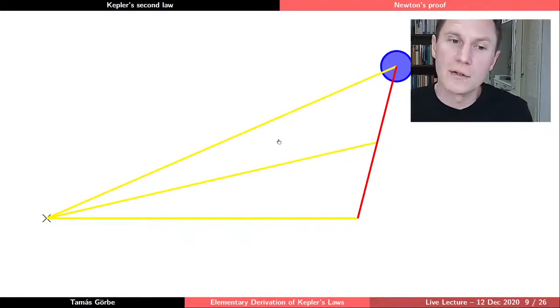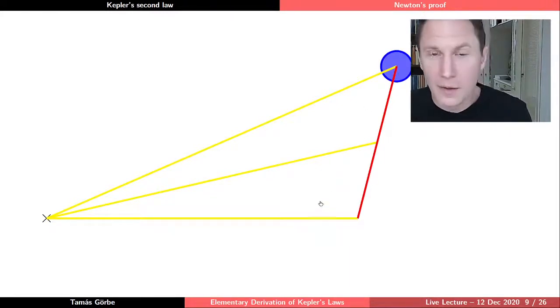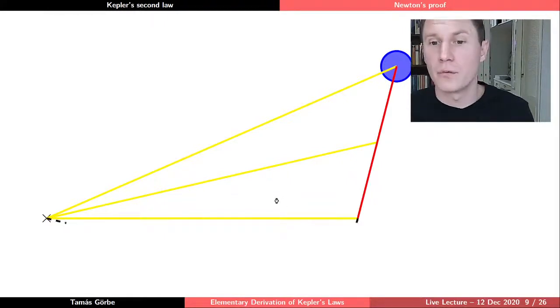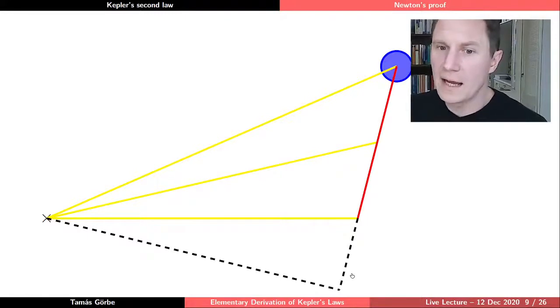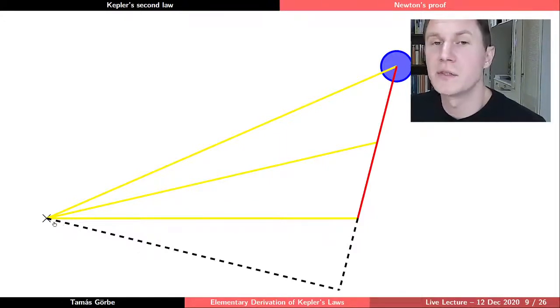So these two triangles have these sides being the same length, but the triangles are also of the same height, because if you look at the line containing these sides, it's a certain fixed distance away from this external point. Okay, so that is the height.